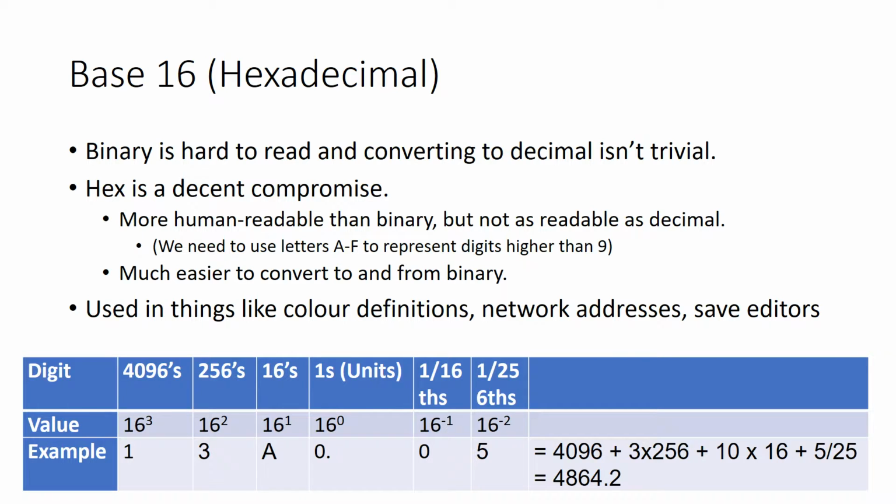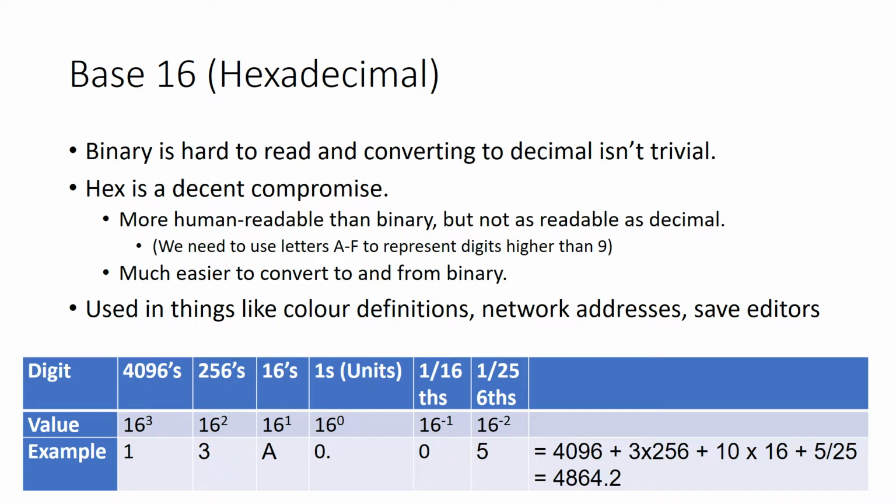And look at the bottom. You've got, again, columns. You've got the units column, which is 16 to the power 0. You've got the 16s column, which is 16 to the power 1. You've got the 256s column, which is 16 to the power 2, 4096s, and so on. And again, to the right of the decimal place, you've got 16ths, 256ths. You would have 4096ths, and so on if you went further in that direction.